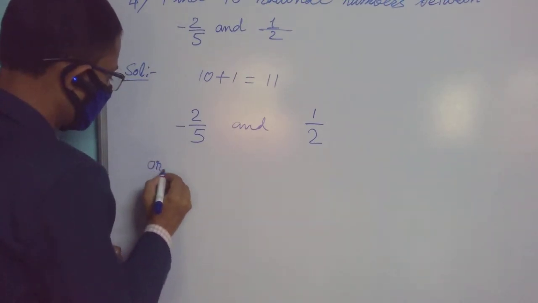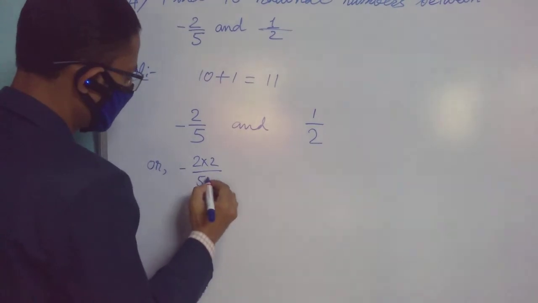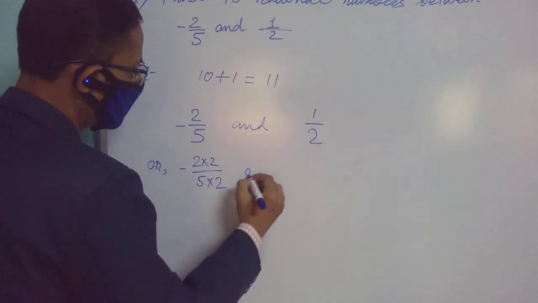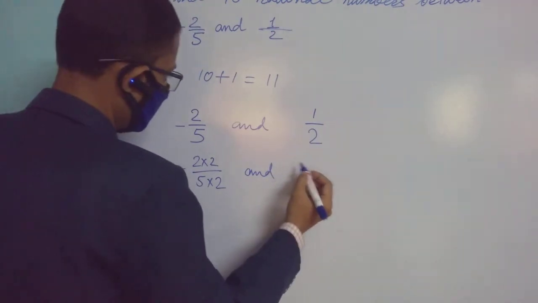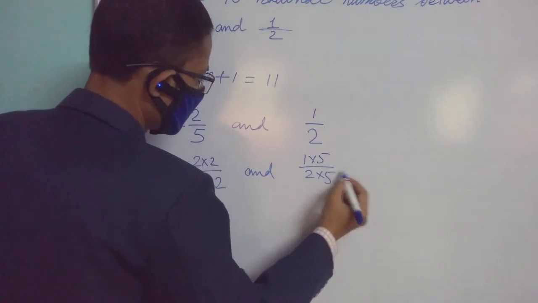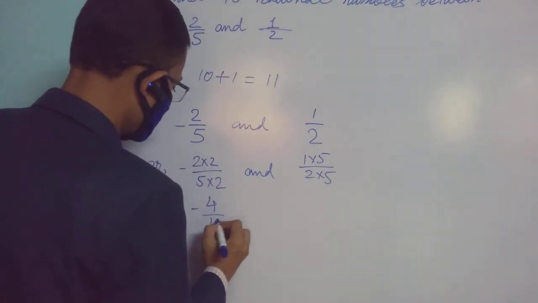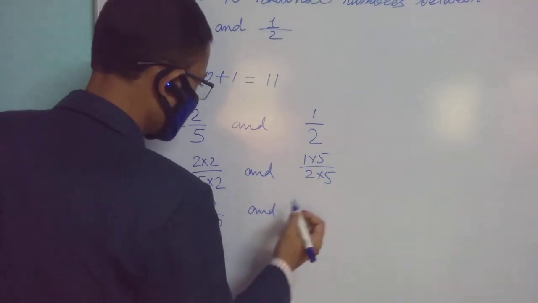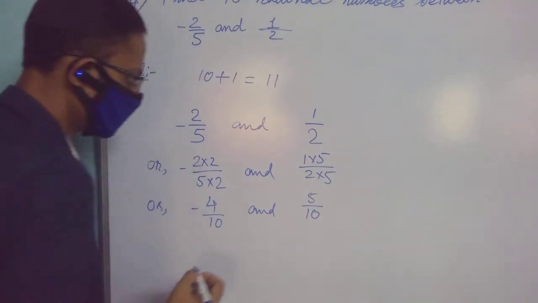So minus 2 into 2 by 5 into 2 and 1 into 5 by 2 into 5, or minus 4 by 10 and 5 by 10.